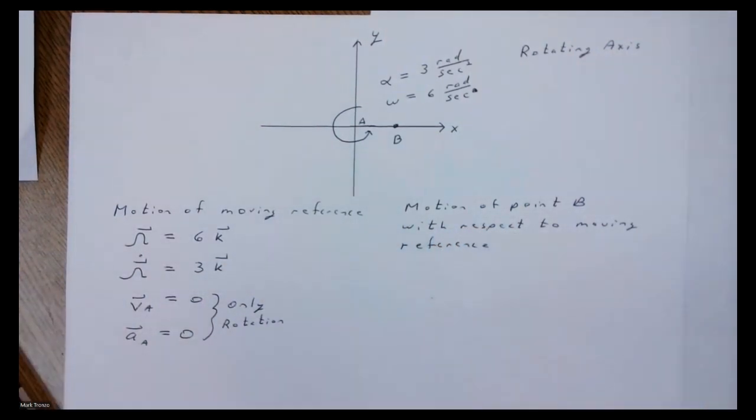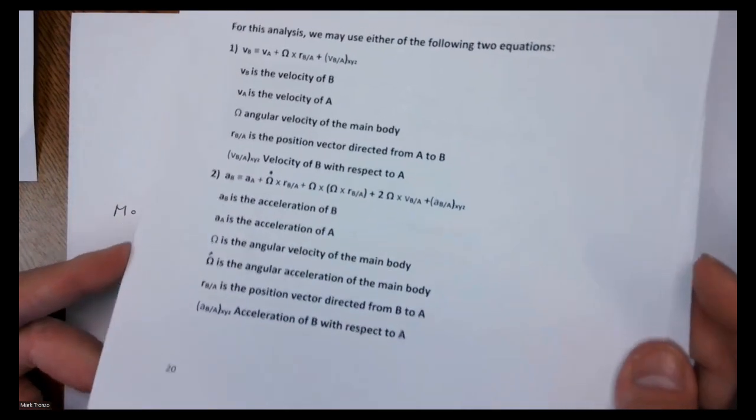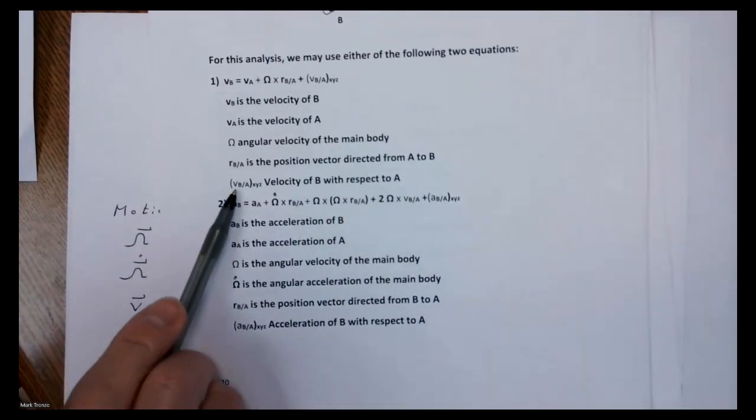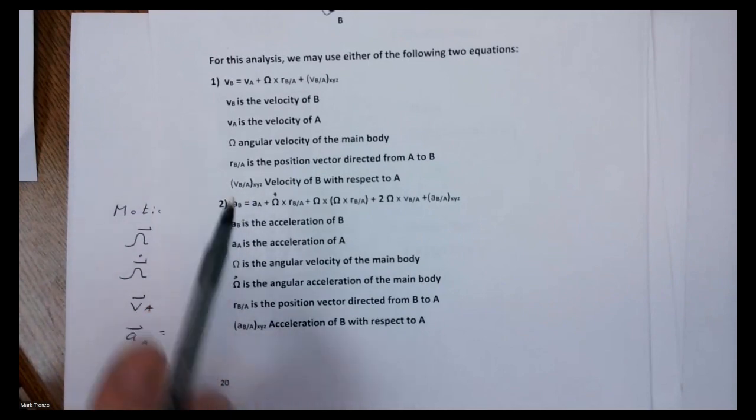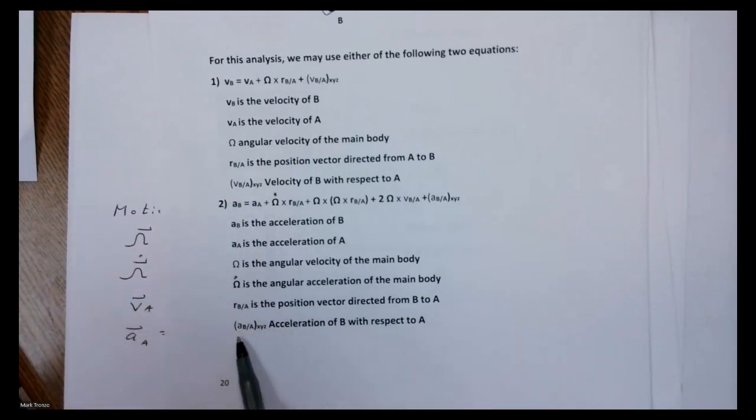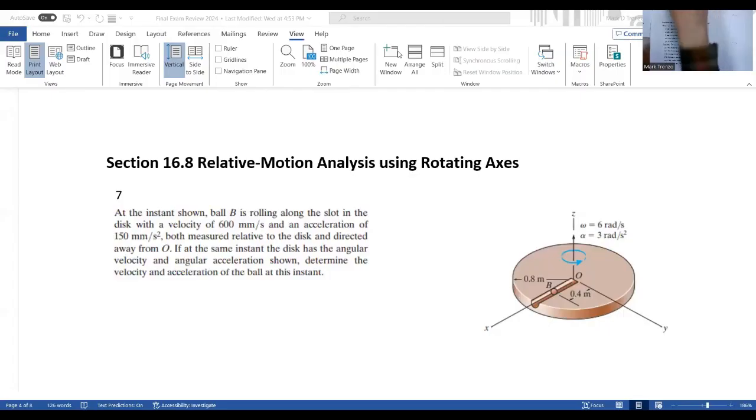And then that's what these values over here are, that V of B with respect to A, and A of B with respect to A, etc. So you see the ball is moving 600 millimeters per second away from the center and accelerating 150 millimeters per second squared away from the center.